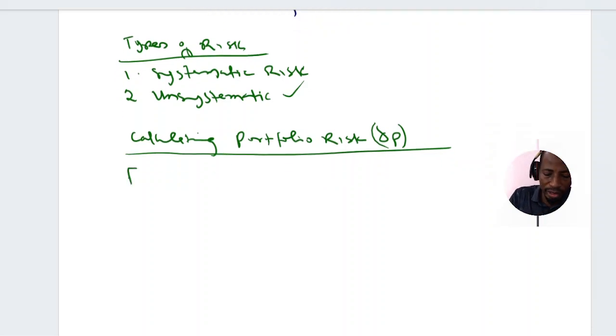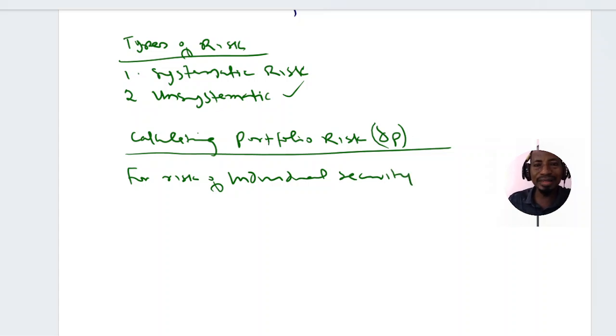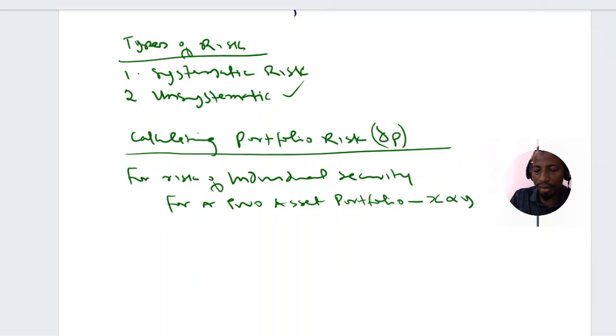So, for the risk of individual security, where you have a two asset portfolio, let's say you have security A and B, or security X and Y. That's a two asset portfolio, say X and Y.